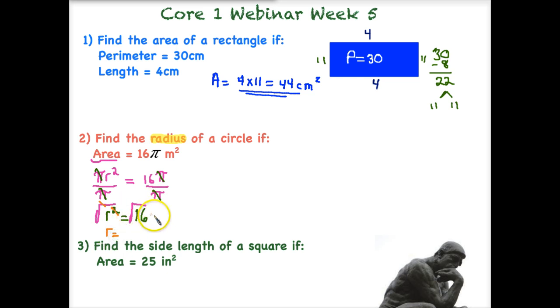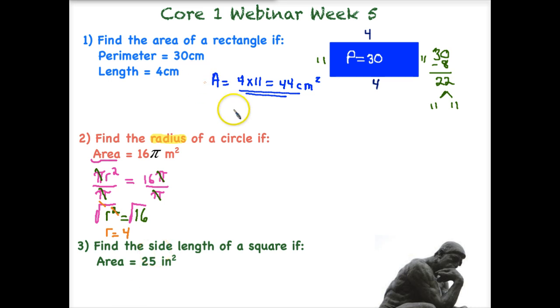The square root of 16, so what I'm saying to myself is what times what is 16? It has to be 2 of the same number, so that would be 4. 4 times 4 is 16. Okay, so you guys, square root undoes the square. So hopefully you remember that from your past life.